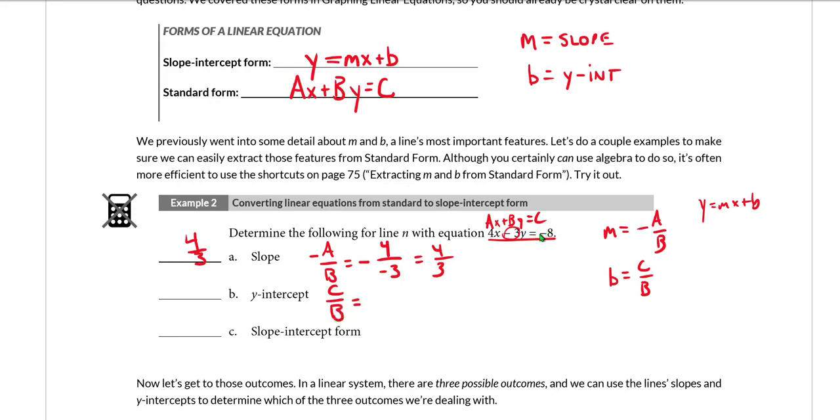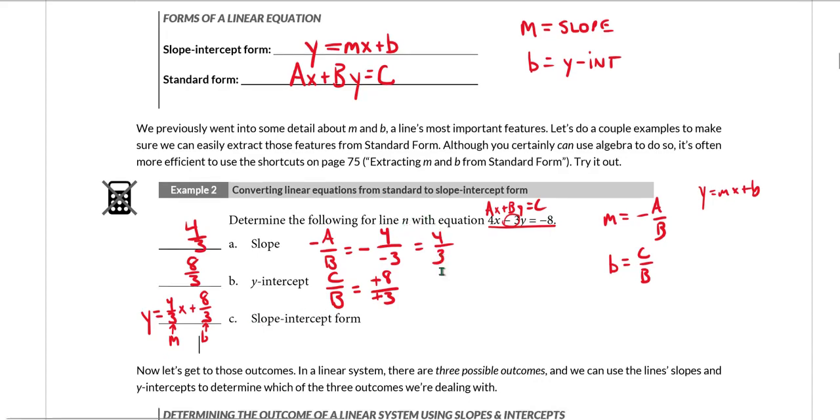So we do c, which is our negative 8, over b, which is negative 3, and the negatives cancel each other out, and we get 8/3. And therefore our slope-intercept form, just substituting 4/3 in for m and 8/3 in for b. So our slope is there, our y-intercept is there, and now we have our slope-intercept form.